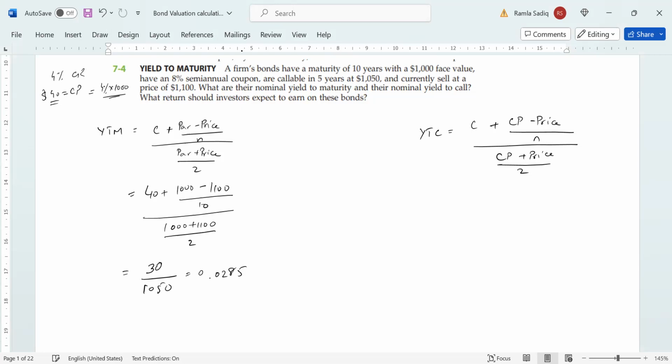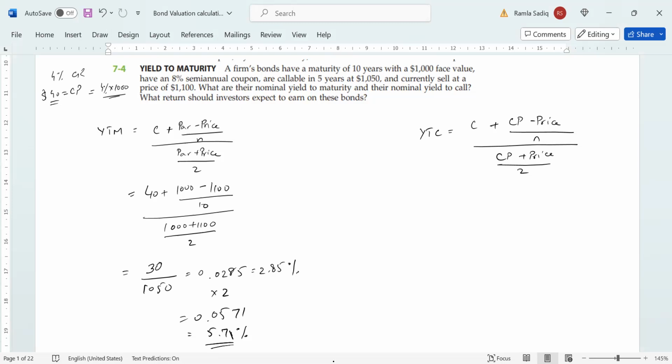So we want to multiply that by 2 to get our nominal yield to maturity, which gives us 0.0571. That means we have an effective 2.85% yield to maturity and a nominal 5.71% yield to maturity.